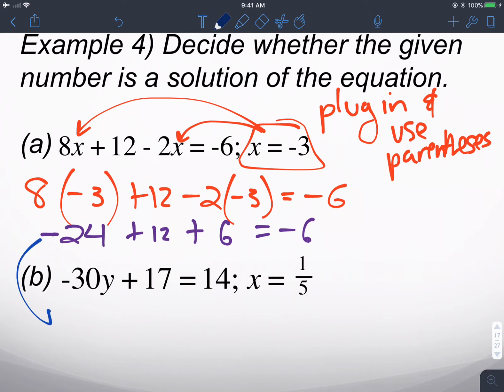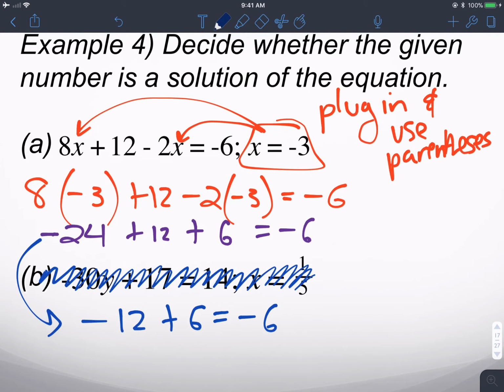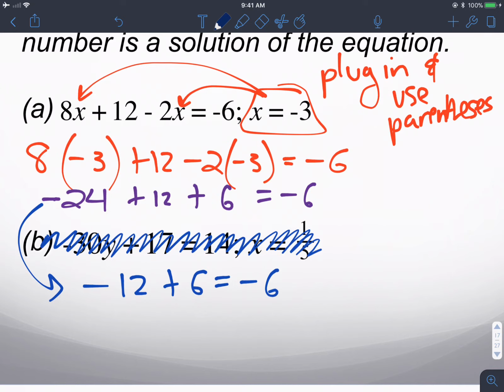I'm going to go down here now. So negative 24, maybe I can do it a little bit in my head. Negative 24 plus 12. So that would be negative 12, right? So negative 12 plus 6 equals negative 6. Next line. Negative 12 plus 6 is negative 6.